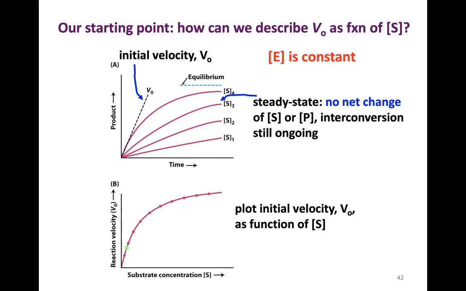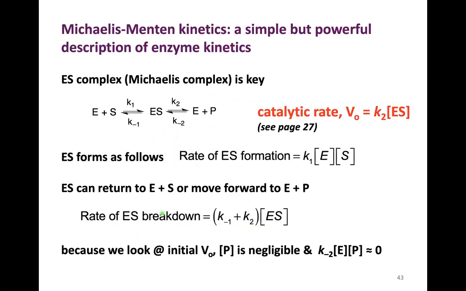Okay, so this is S1, S2, S3, S4, S5, S6, etc. It is critical to note that what makes this work is the only variable that is changing is the concentration of substrate that you're pipetting into that little cuvette, okay? We are not changing the concentration of our catalyst, the enzyme concentration.